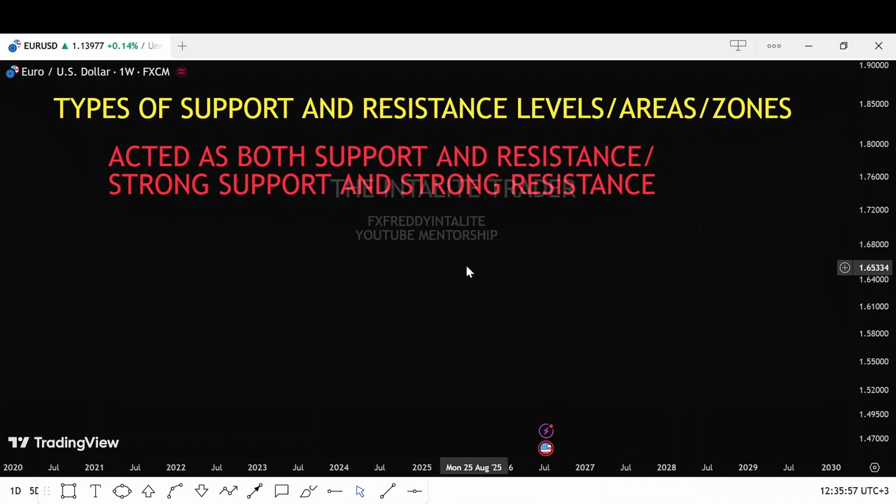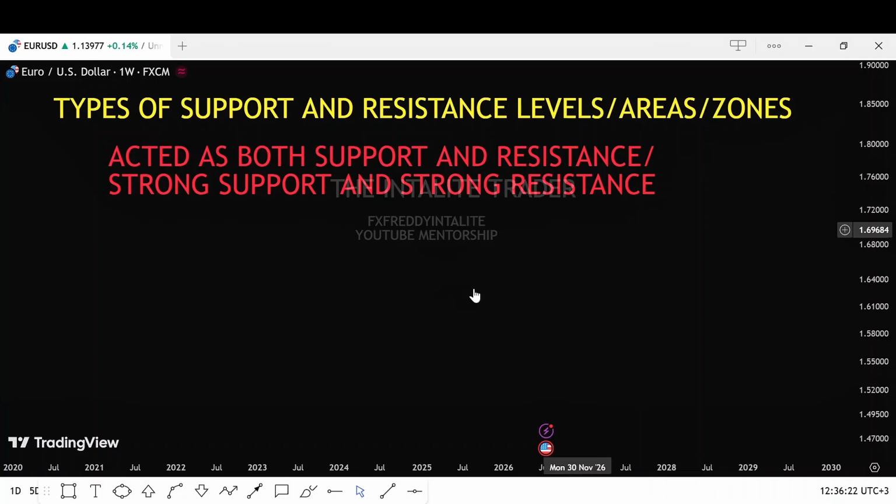So a level that has acted as both a support level and a resistance level is another good quality trait. So we are looking at the types of support and resistance, and we are saying the one which has acted as both support and resistance, or if you remember, strong support and strong resistance.